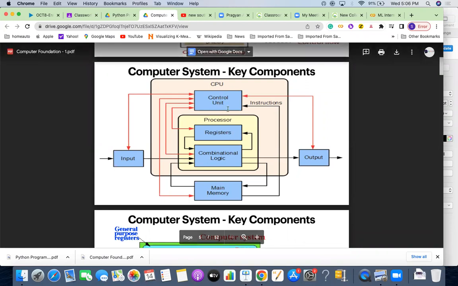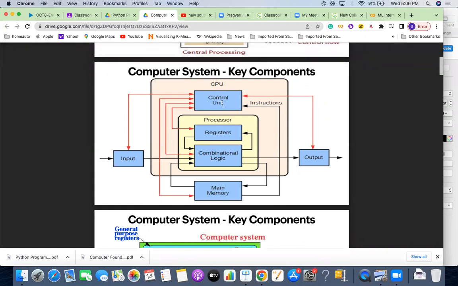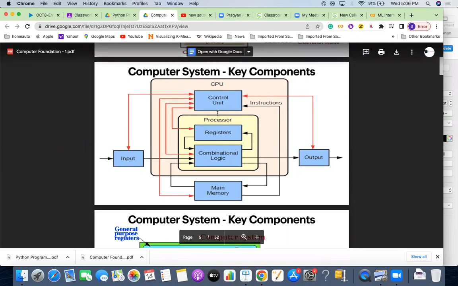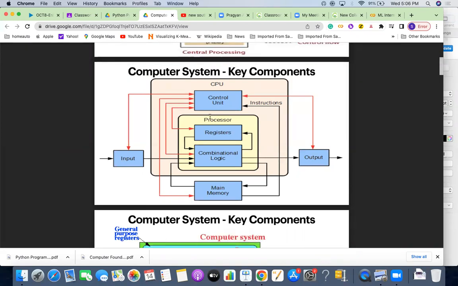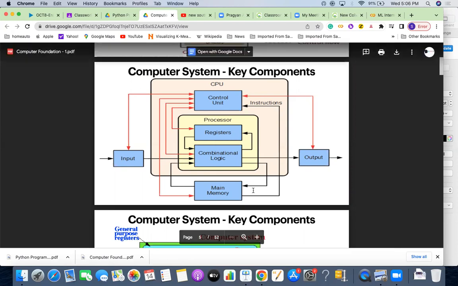And there is something called a control unit. This control unit is the one which will be controlling the whole operations of the processor. The control unit manages everything, running the CPU and interacting with multiple other devices like input, output, memory control. All those things are done by this one.